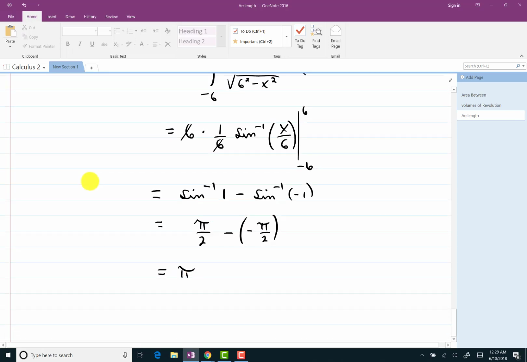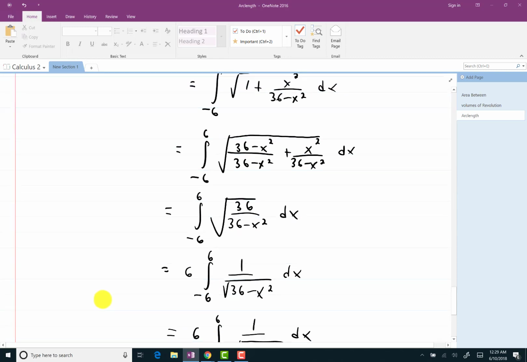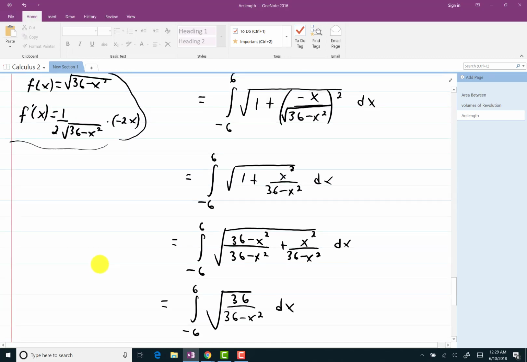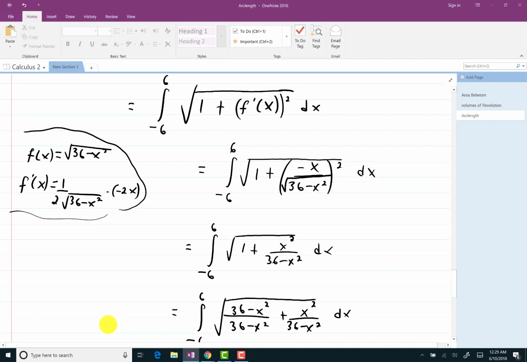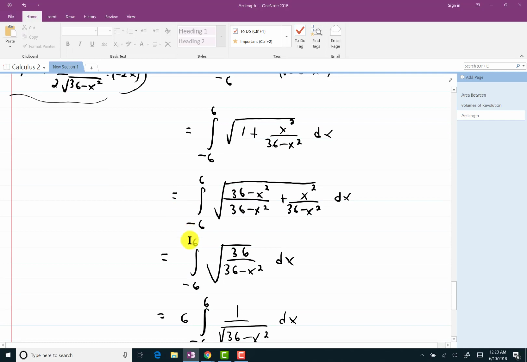And what was I supposed to do? I am missing something here. All of that is true. The 2's did cancel. I pull out the 6.